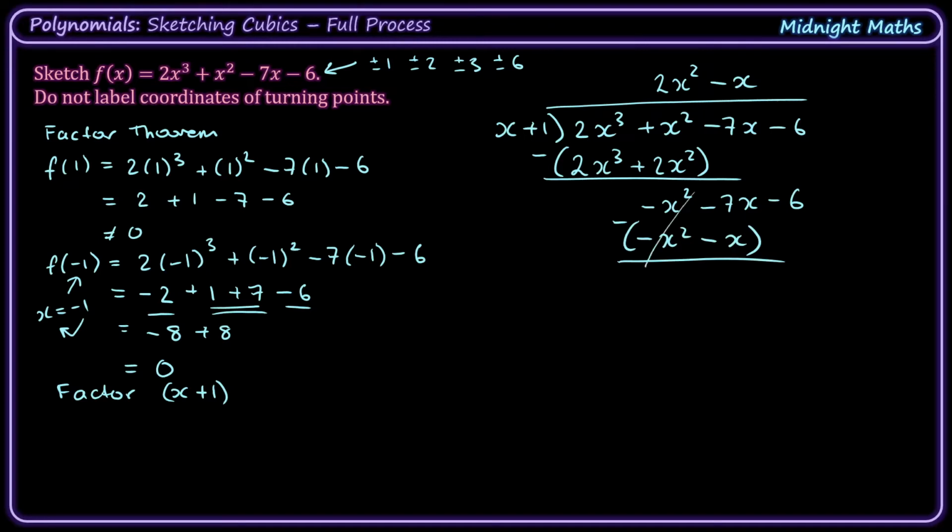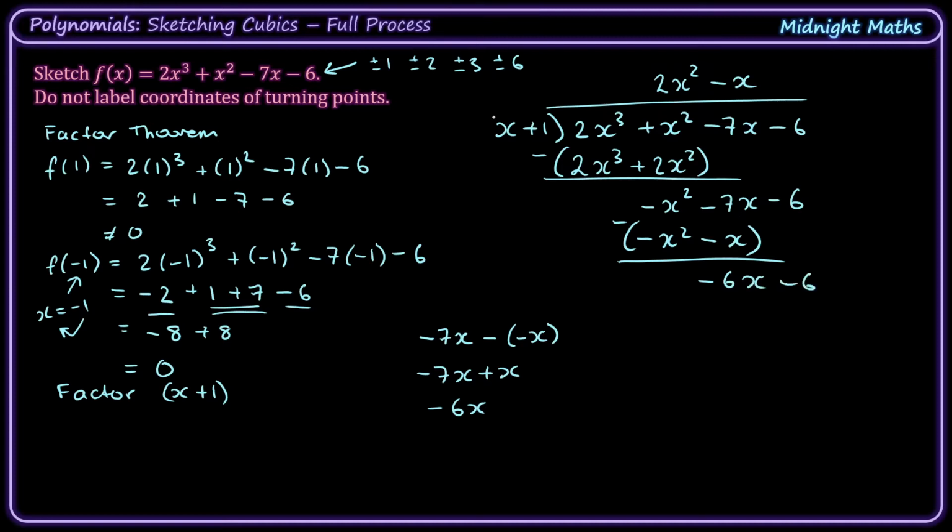So these cancel off, but then I have negative 7x minus minus x. So I'll even write that here to make it a bit clearer. Negative 7x minus minus x. That's the same as negative 7x plus x, which is equal to negative 6x. All right, let's put that down. Negative 6x, and then bringing down the negative 6 from here.